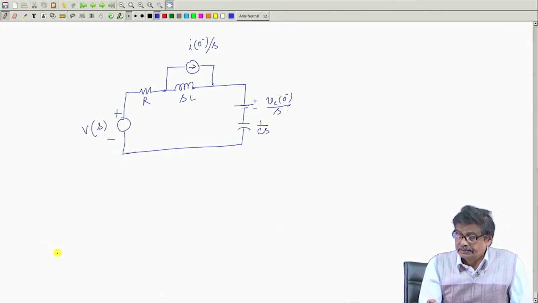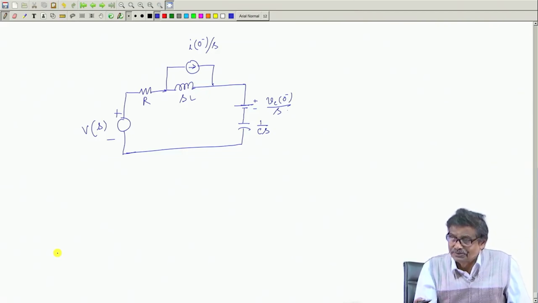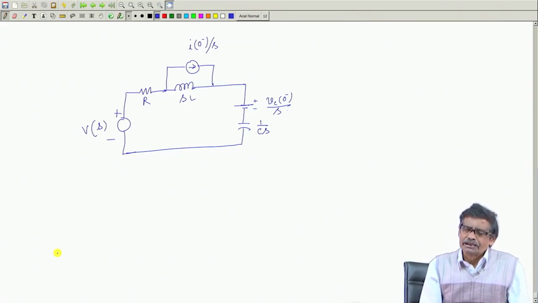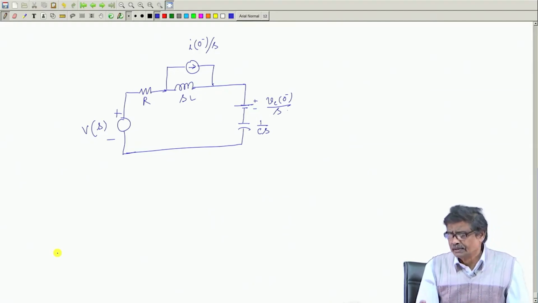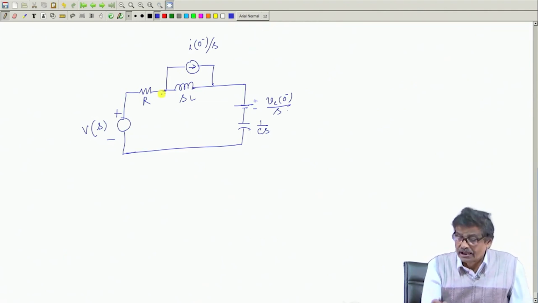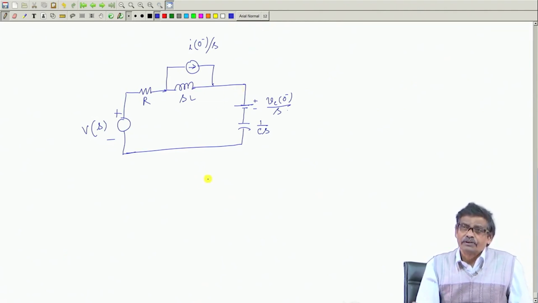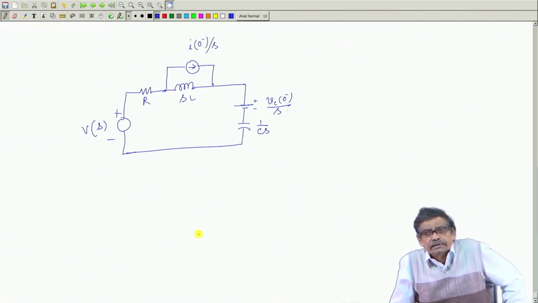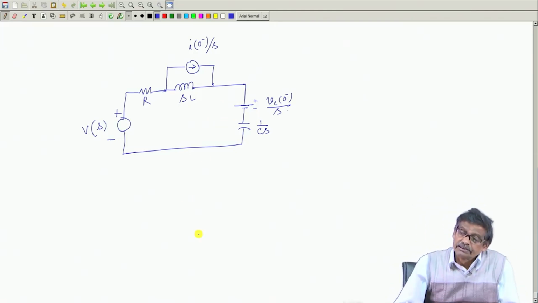Then this circuit will have 3 sources: 1 source, 2 source, 3 source. Okay, there are various ways of handling this situation, apply say superposition theorem or some other things, nodal analysis and so on, but it can also be done in this way. It is a very nice way of looking at a circuit, inductors having initial current or capacitors.